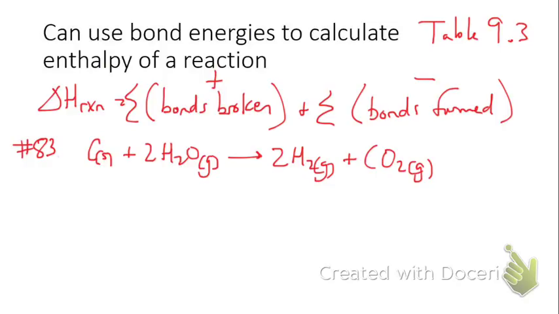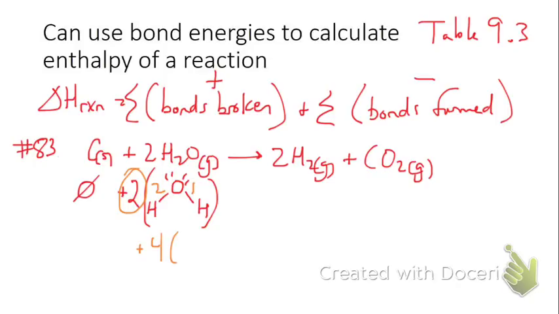So, how many bonds are in carbon solid? No bonds, right? It's a solid metal. We're not going to talk about it. There's no energy on the table. We're not going to worry about it. Plus, if we do the Lewis structure of H2O, we know it's this. Well, we know we have 2 moles of this, so we have 2 OH bonds times another 2, so this is going to be 4 OH bonds.